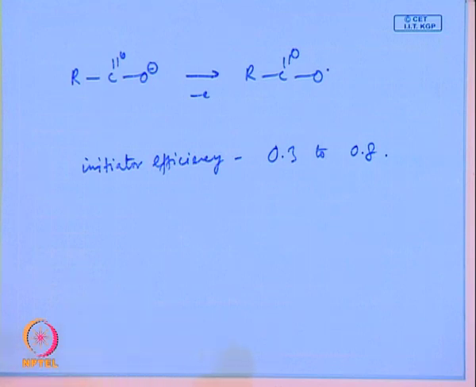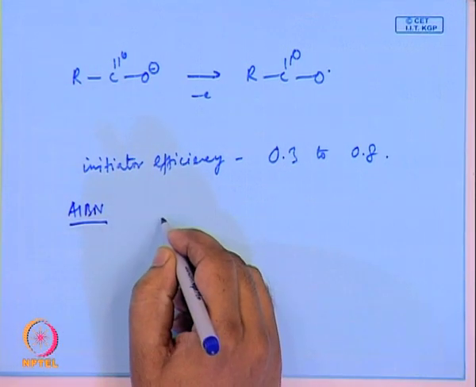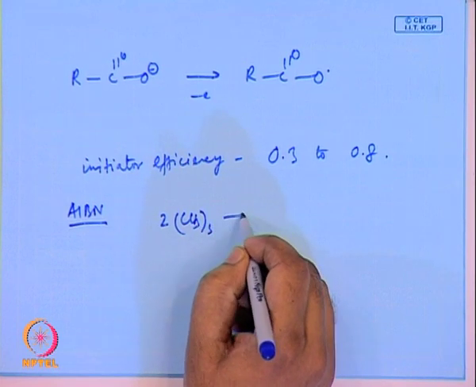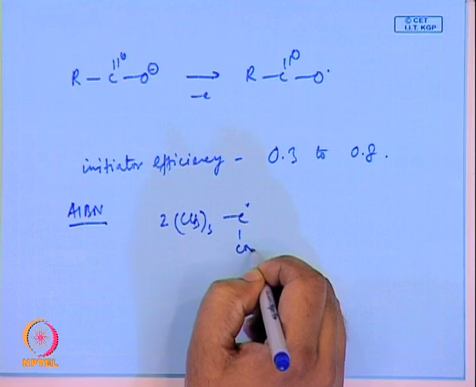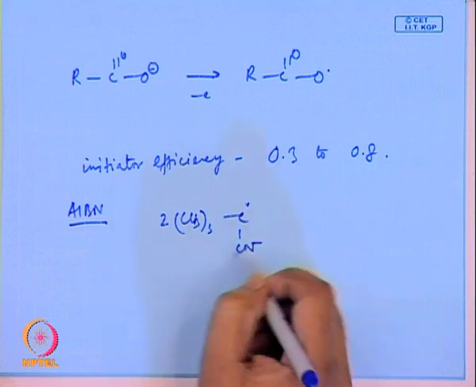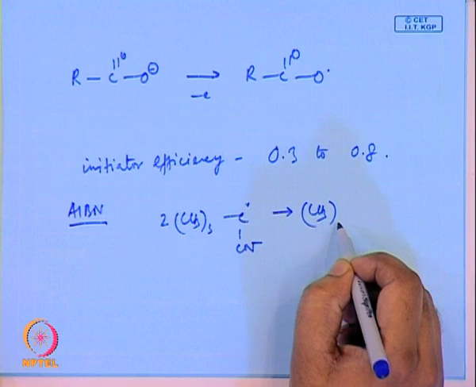What happens to the rest of the radicals which do not initiate chain polymers? They get destroyed to form dead molecules. For example, if you take AIBN, we have seen that AIBN on dissociating to this species, now they can again recombine by reacting with themselves and form this molecule.